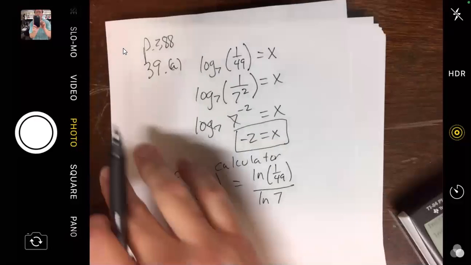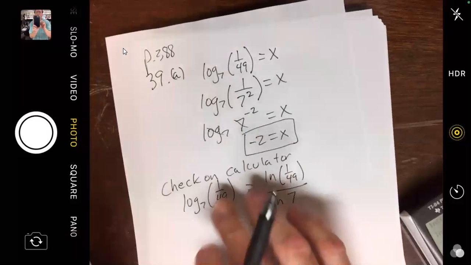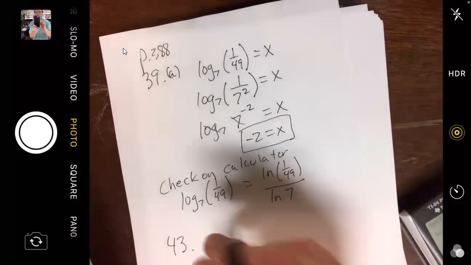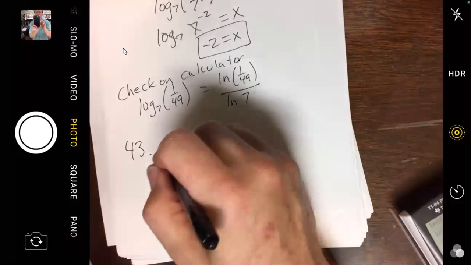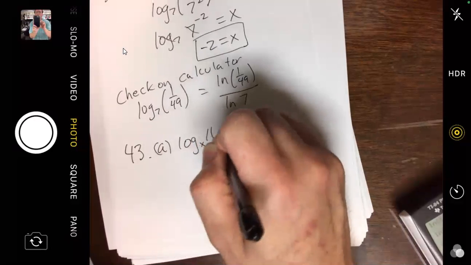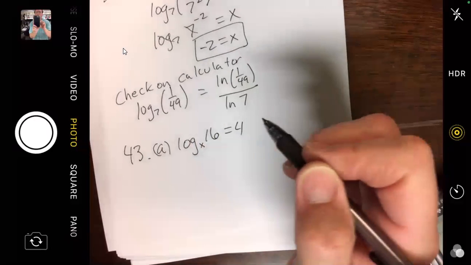All right, let's see. How about one like 43? Got the X as a base. Part A, log base X of 16 comes up 4.